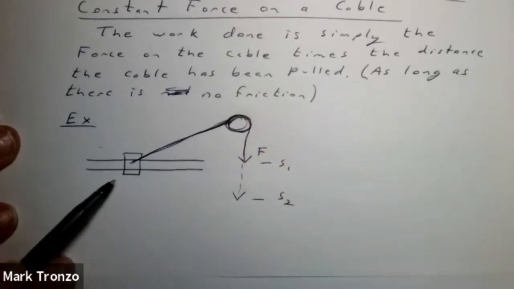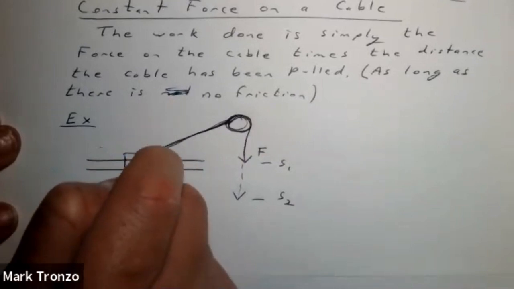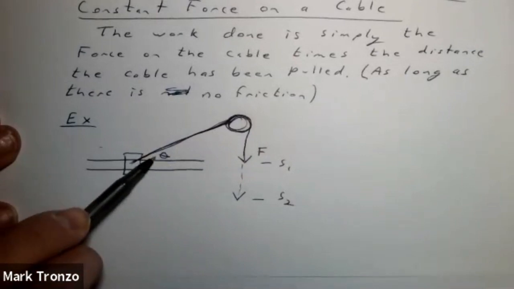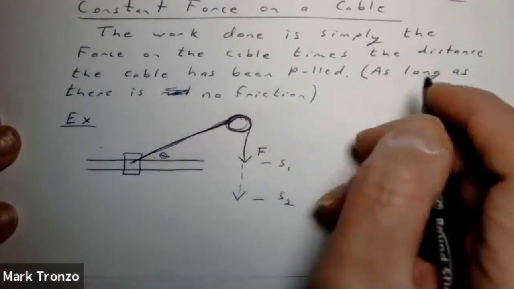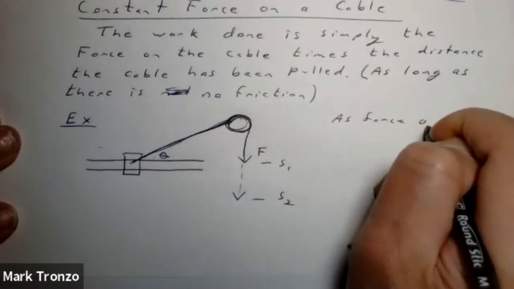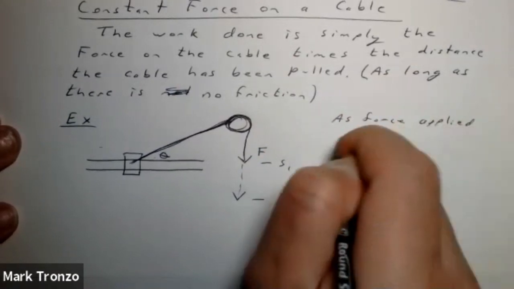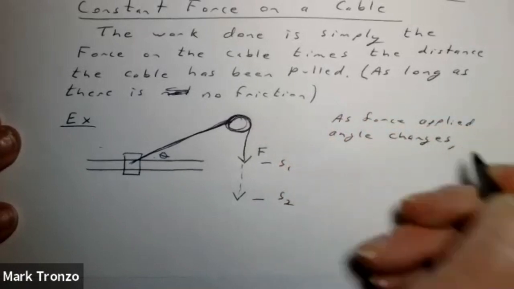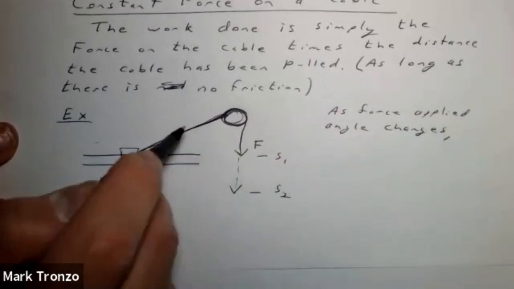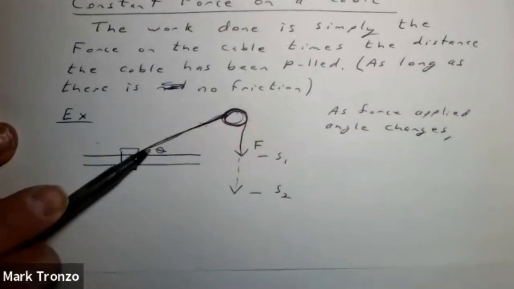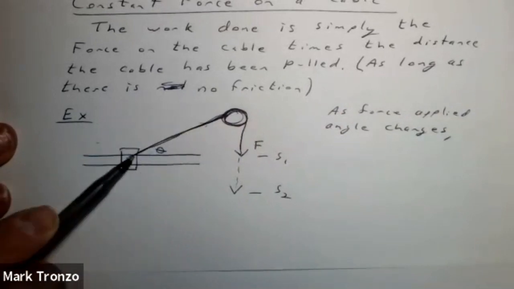Now, normally this would be very difficult to calculate because we would have to actually integrate, because as this is pulling and as the collar is going this way, this angle is going to change. So as force is applied, the angle changes. We would have to calculate that the force at this position has a horizontal component of a certain amount.